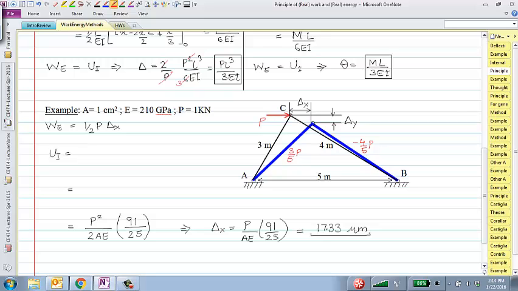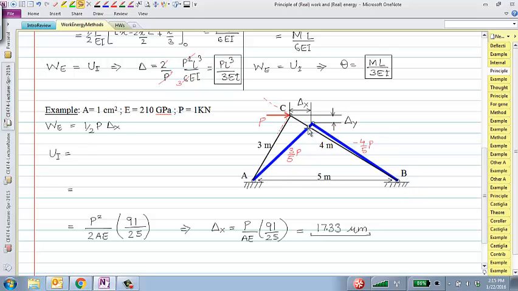Okay, and you can do that just by dividing this applied load into these two parts, and you will see that yes, indeed this guy would cause a 4 by 5 compression and a 3 by 5 tension here.